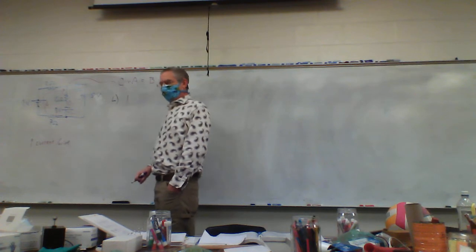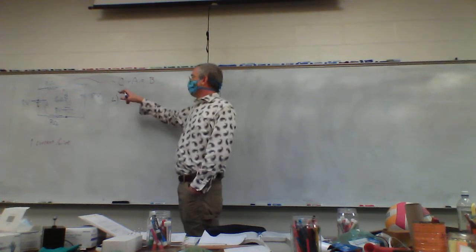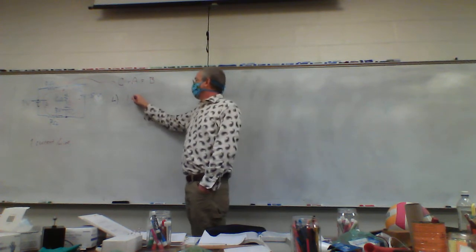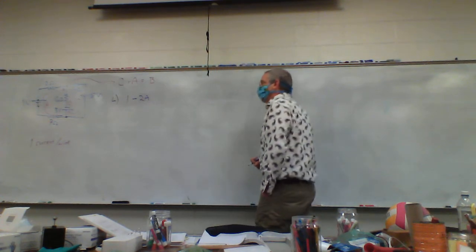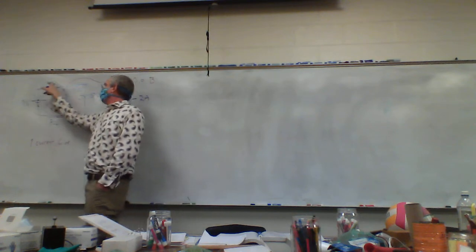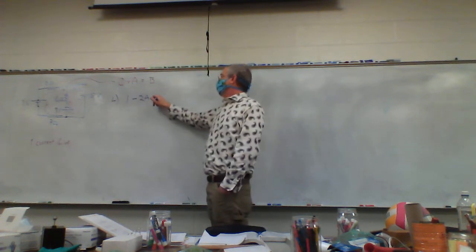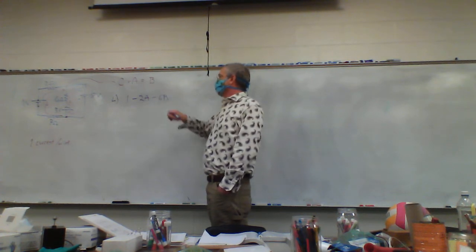One. We're off to a start. I'm going across the 2 ohm resistor in the direction of current. Minus 2A. Now heading down the middle, because I'm doing the left loop here. Heading down the middle. What's my next term? Minus 6B.